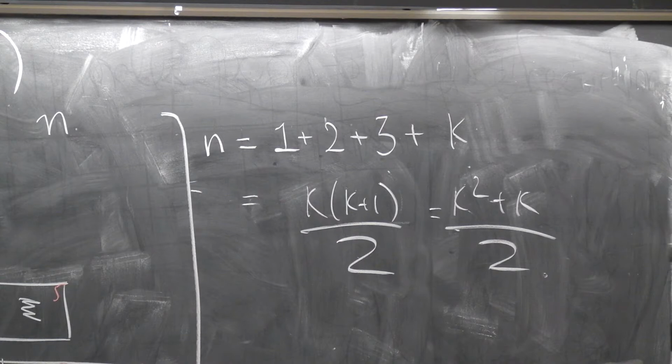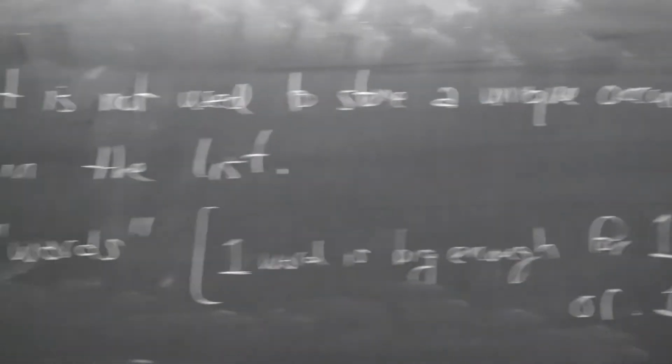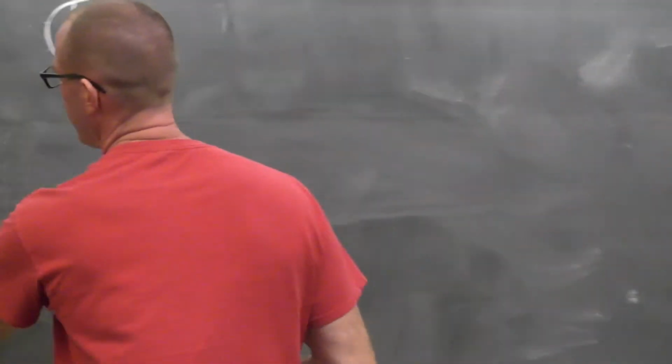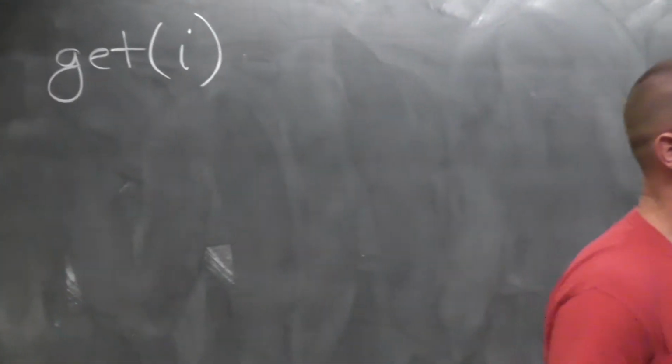Okay. Now we have to make everything work. So the first thing we want to do is the get operation. The whole point of a list is to store items so that I can access them by index.